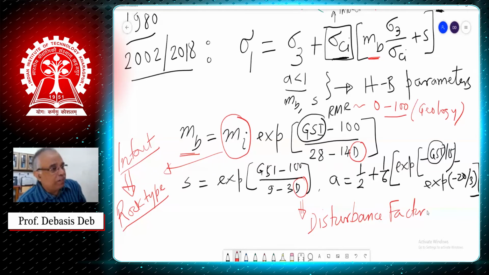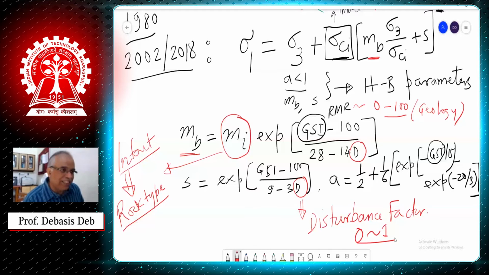So based on the blasting and its intensity, this value is given between 0 and 1. 1 means heavily affected and 0 means no effect. That means a machine is cutting the rock and there is no blasting happening, like a tunnel boring machine, or in underground, a continuous miner for cutting the coal, or another thing called a road header.